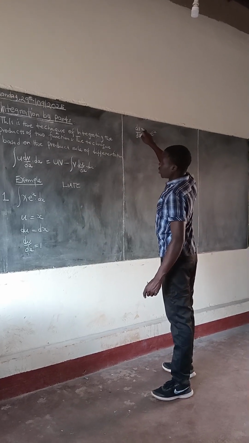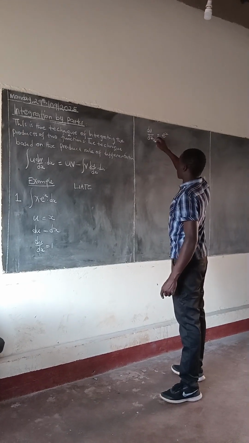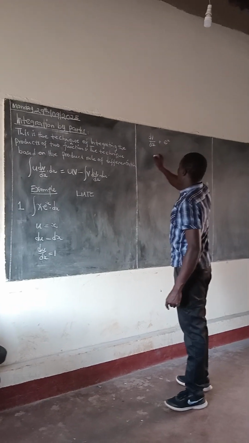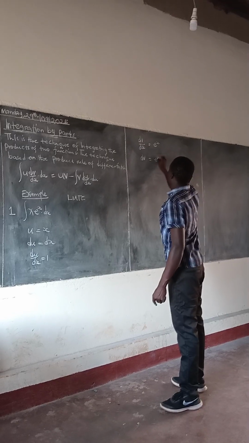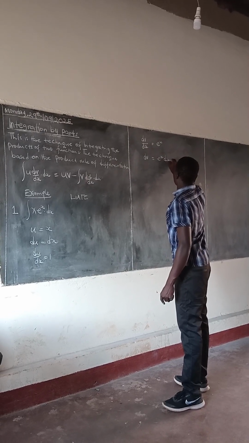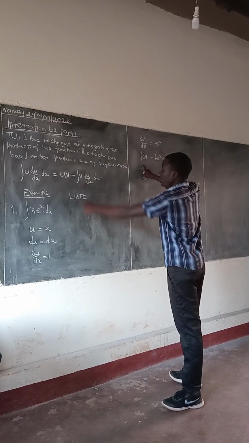Therefore, to get v, we integrate dv equals e^x dx. When you integrate dv, we get v.